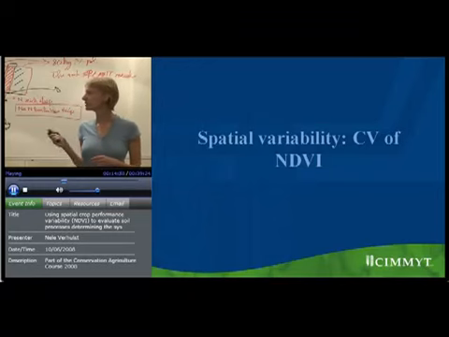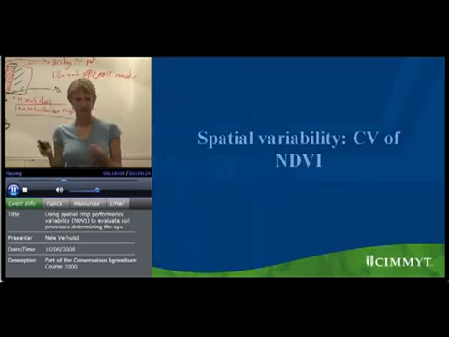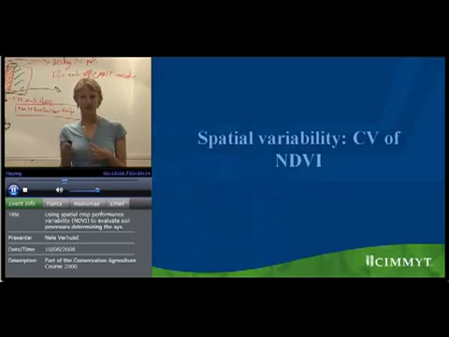Now what you can do also is look at your spatial variability within your plot, so the coefficient of variation of your NDVI. Now from the same measurements, all the measurements we've taken, we calculated the coefficient of variation of the NDVI within the plot. And you can make the same graphs out of that, of course.